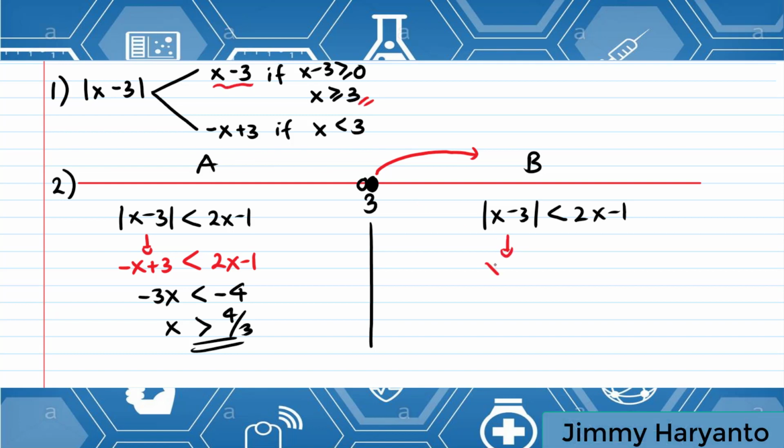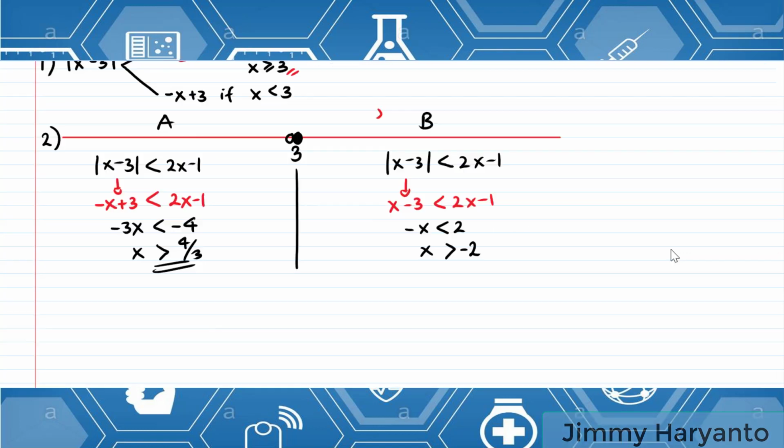So this one will be x minus 3 less than 2x minus 1. Solve it: negative x less than 2, x greater than negative 2. Next, we have to combine the solutions we got with the rooms, room A and room B.